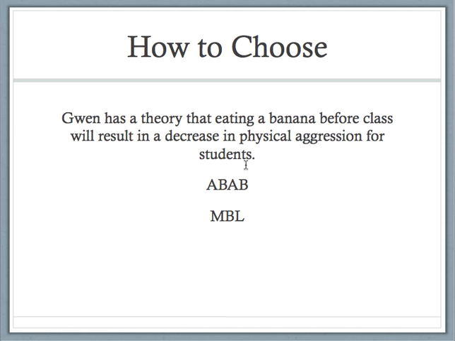So when you're trying to figure out which design to use, you want to take all of those aspects into consideration. I don't want to sound like a broken record, but it is important to choose a design that fits with the situation. You wouldn't want to do an ABAB design with self-injurious behaviors.